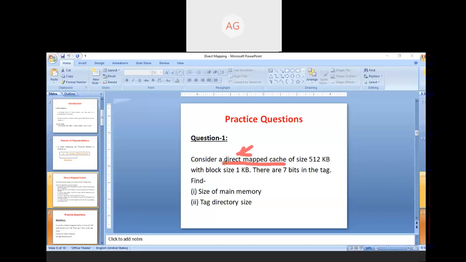We are considering the direct mapped cache of size 512 KB with block size 1 KB, and there are 7 bits in the tag. So this is the information given to you, and we need to find two things. First is the size of main memory, and the second is tag directory size. So moving to the next slide.